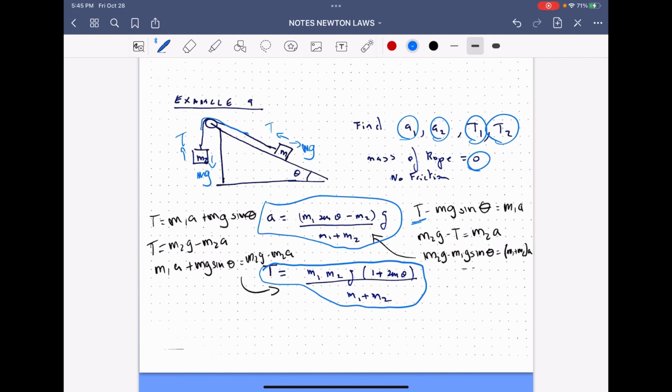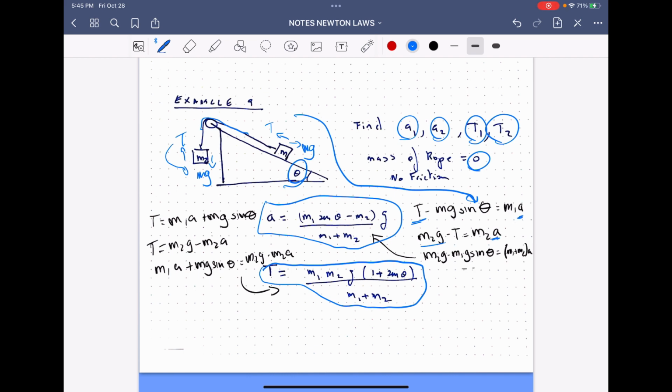So the equation is going to be T minus m1g sine of theta, because of this, right? We're talking about this one. Equals m1a. And we have another equation, which is m2g minus T equals m2a. m2g is in the positive direction. Then minus T, right? T is against it right here, equals m2 times acceleration.